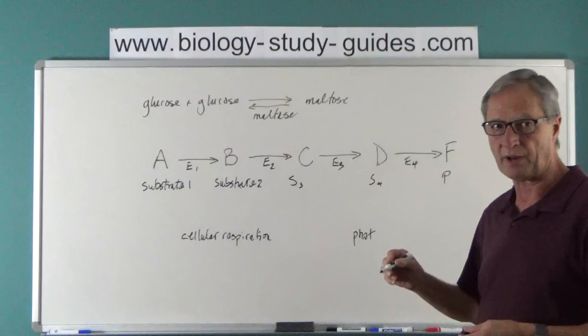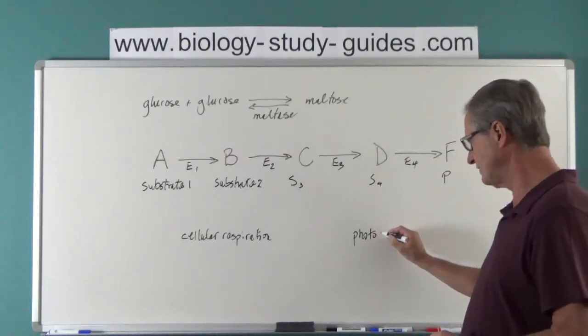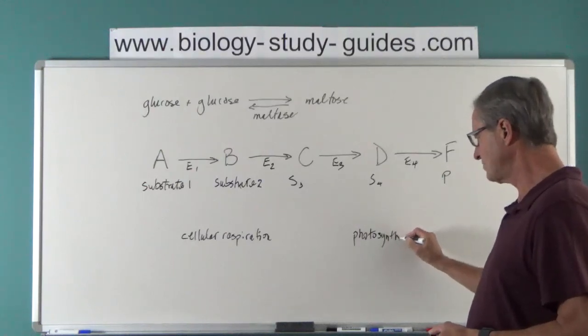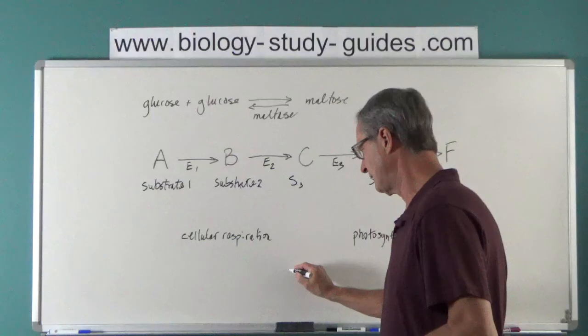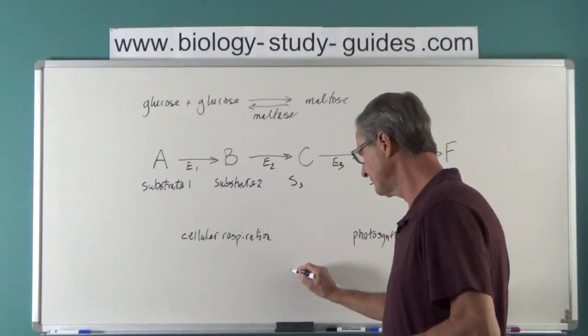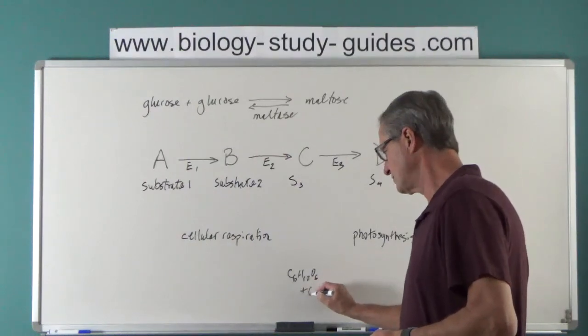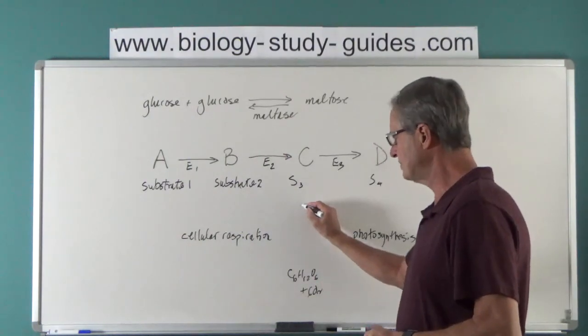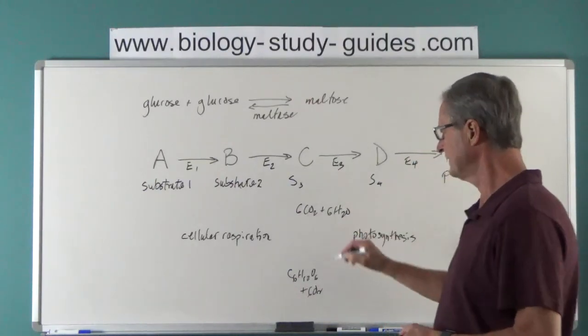Not that you can take one and just turn it backwards and becomes the other one, but if you look at the net reactions of these things, the net reaction is the reverse of it. So if we take, say, we'll put our glucose down here, C6H12O6 and 6O2, and we'll put 6CO2 and 6H2O.